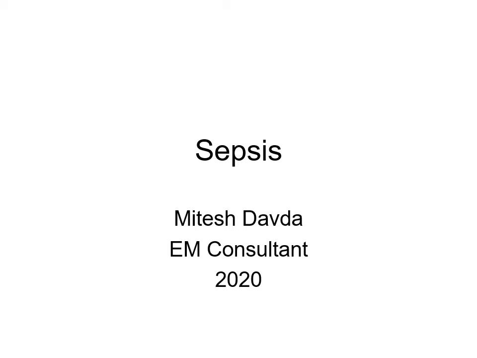The second most common cause is the urinary tract, followed by abdominal causes of sepsis, and this can be cholecystitis, appendicitis, diverticulitis, and a host of other surgical pathologies that can cause sepsis. Other less common causes are CNS, ENT causes, cellulitis, so skin and soft tissue infections, and of course, let's not forget that post-operative patients will present to the emergency department.